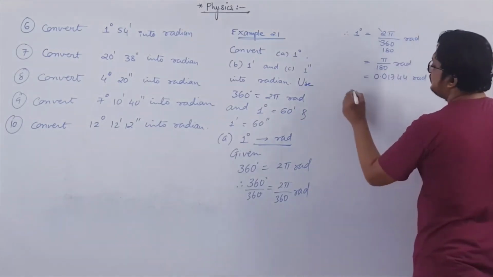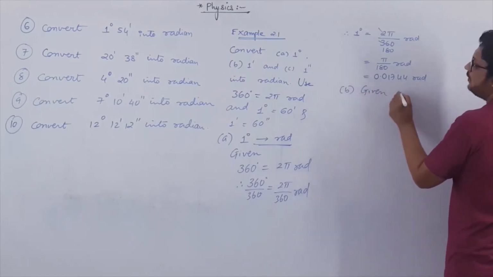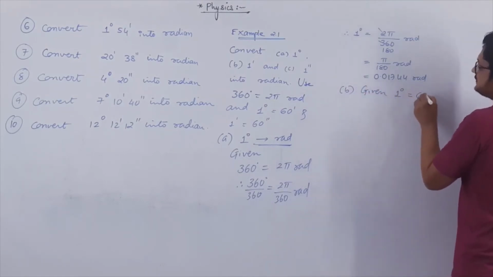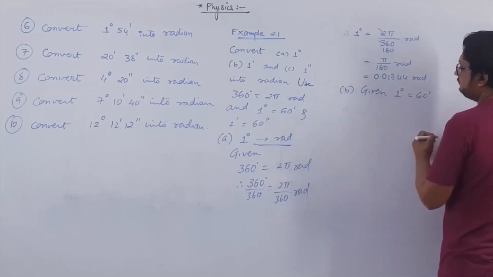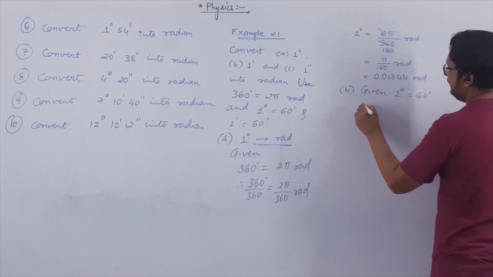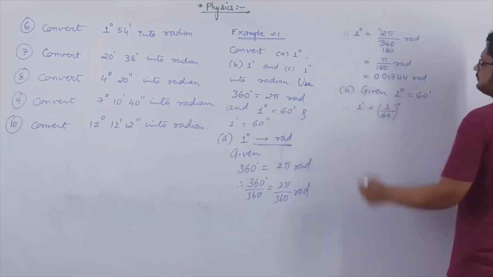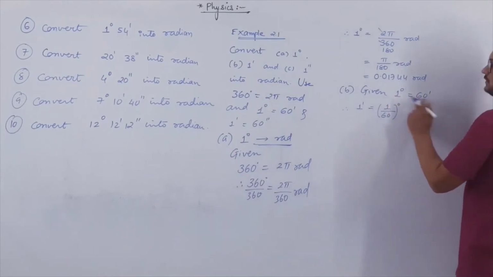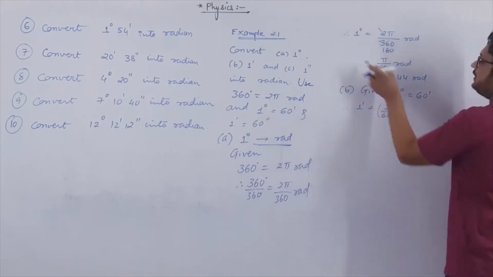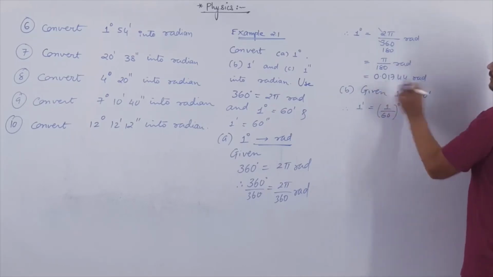Now for B, it is given 1 degree equal to 60 minutes, right? Therefore, 1 minute will be equal to 1 by 60 degree. What we have done, we have divided by 60 on both the sides. Now the value of 1 degree is already calculated, right? So if you want to convert this degree into radian, you have to simply multiply by this.